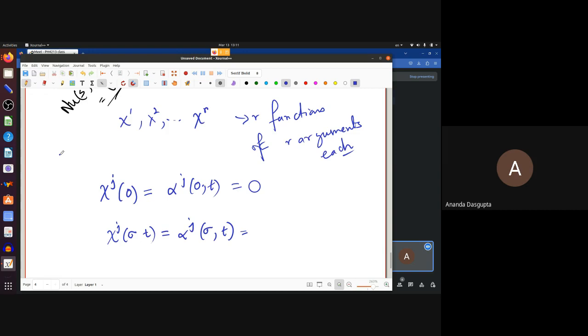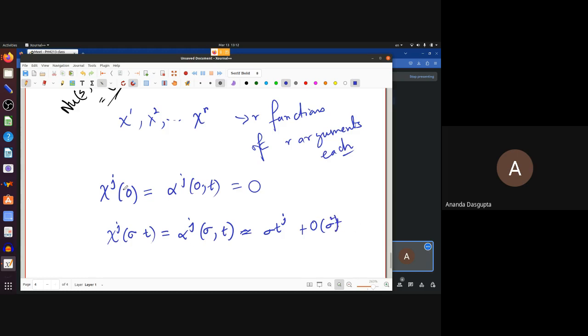We have been doing that all the time. Essentially Taylor series, but basically you do d alpha j d sigma at sigma equal to 0. And what is d alpha j d sigma? So this is approximately sigma times d alpha j d sigma at sigma equal to 0. But what is that? Tj. Of course, plus higher order terms, that is order sigma square.